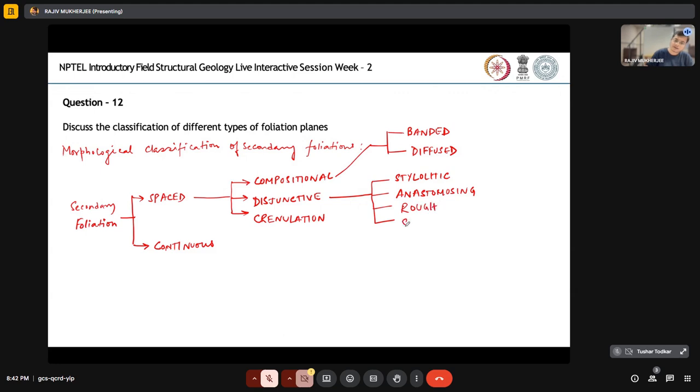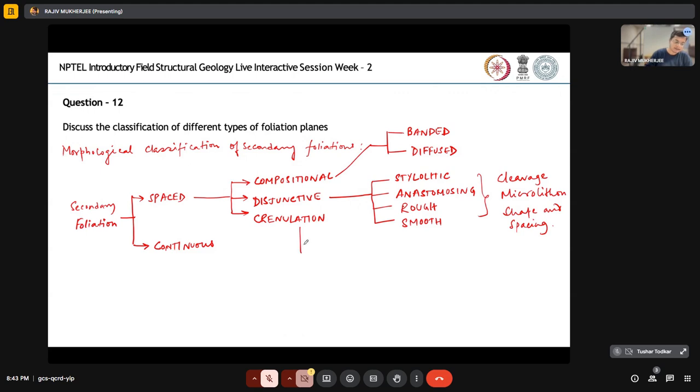And the last one is smooth disjunctive. So these are based on the cleavage, microlithon shape and spacing. Based on the relationship between the cleavage and microlithon, their shape and the mutual spacing, we classify the disjunctive cleavages according to four classes.